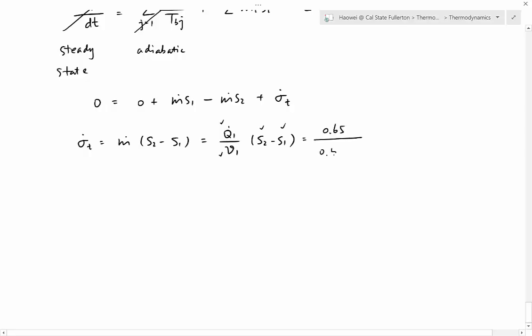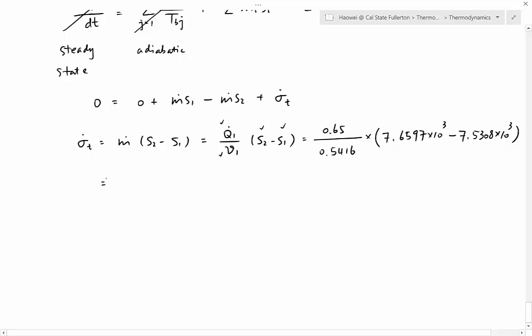Nu 1 is 0.5416, SI unit. Multiplied by S2, 7.6597 kilojoule per kilogram per Kelvin. So multiply by 1000 to convert kilojoule to joule. Minus S1, which is 7.5308 kilojoule per kilogram per Kelvin. So again, multiply by 1000 to convert kilojoule to joule.